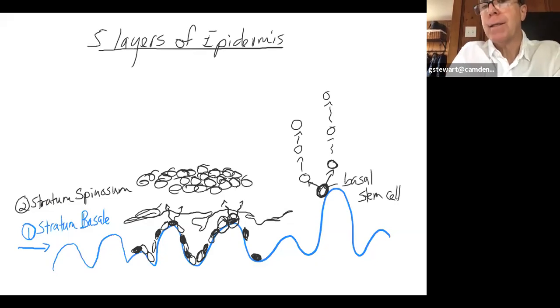Then we get to the next layer called the stratum granulosum, which is thin. We're going up toward the surface. And remember, that has those granules in the cells. I'm going to make it very thin.